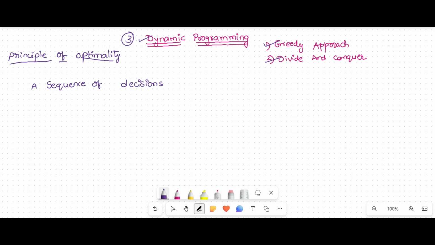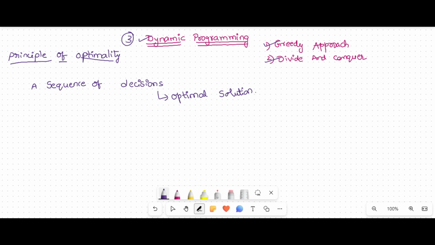From all those sequences of decisions, we will select one solution as the best solution, which is called the optimal solution, called the principle of optimality.